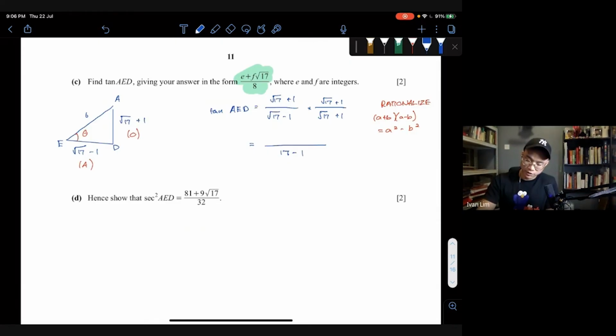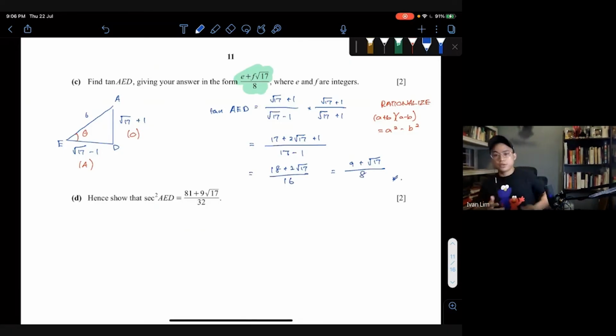Top, you will get root 17 times root 17, which is 17, plus 2 root 17 plus 1. Let's simplify this whole thing. You will get 18 plus 2 root 17 over 16. Divide by 2 throughout the equation: 9 plus root 17 over 8. I'm just simplifying the entire equation.